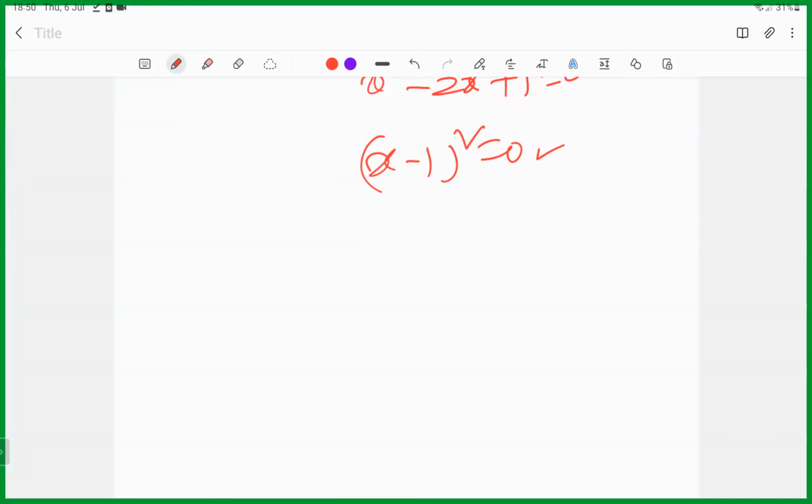I think the question should be like real and equal, not distinct. Okay, the question is not distinct, it should be equal.